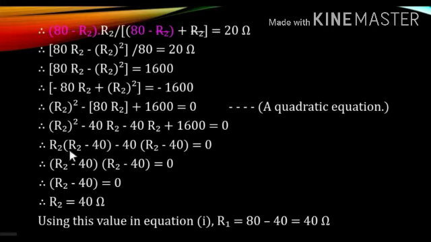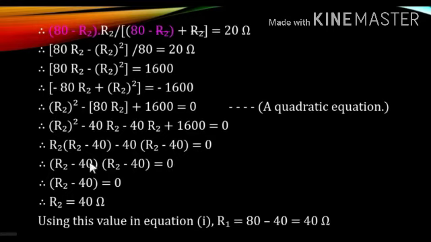Therefore into bracket R2 minus 40 will remain, minus now 40 is taken as a common factor. Therefore the remaining values will be R2 minus 40 is equal to 0. Therefore now again R2 minus 40 is taken common, and in the other bracket remaining values are put like this: R2 minus 40 is equal to 0.